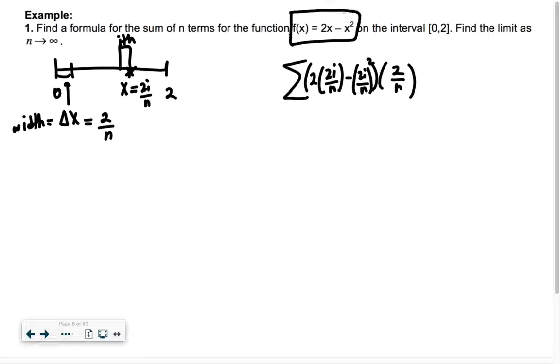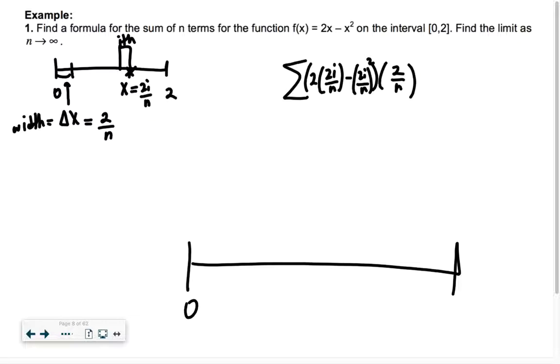Because we're using this function here. So we're replacing the x's with 2i over n. You see it? So just like when we did breaking it into 100 rectangles, if I had this was the first one, second one, third one, right?